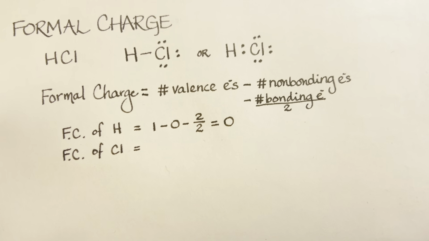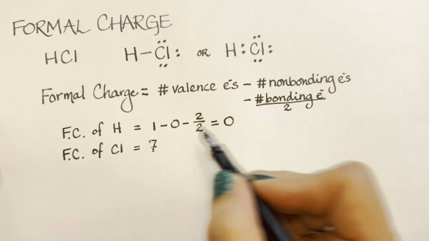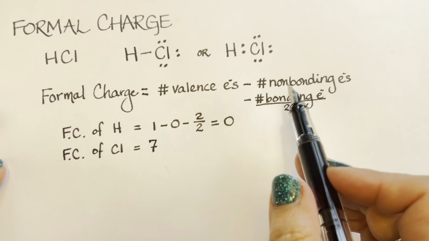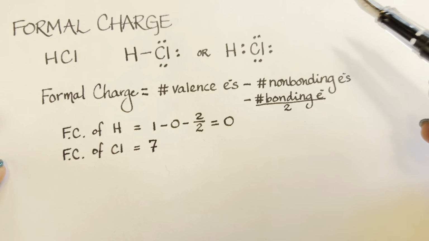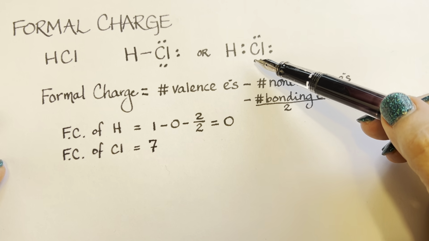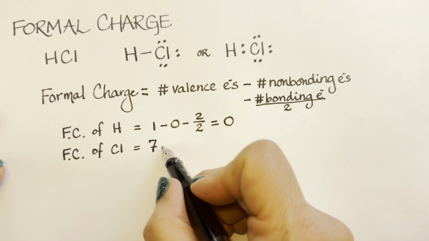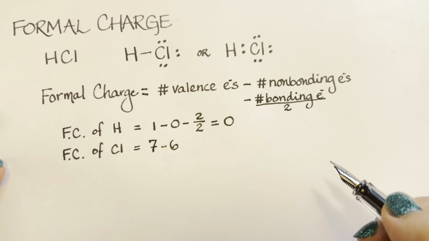So there are 7 valence electrons in chlorine. Number of non-bonding electrons: 2, 4, 6. We just counted up all those lone pairs. So we are going to subtract 6.